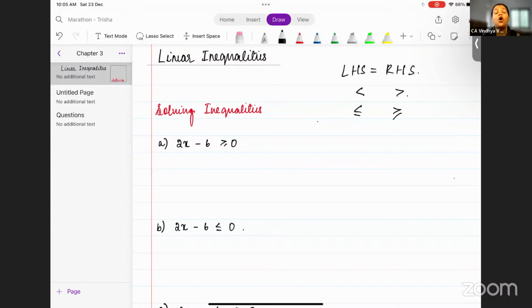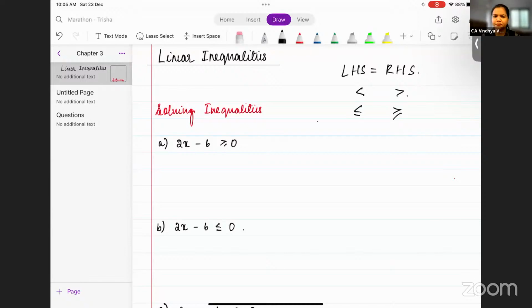When you cannot always say they are equal to each other, that is where inequality comes into picture. This is what is called inequality.